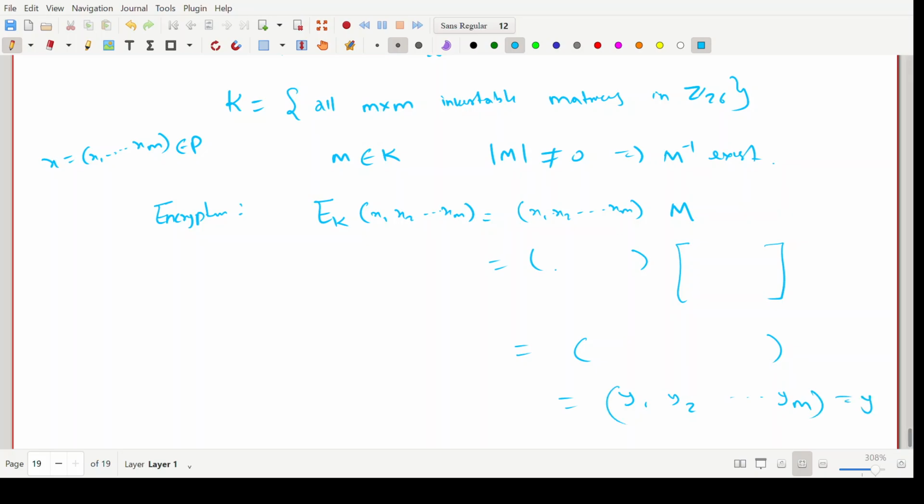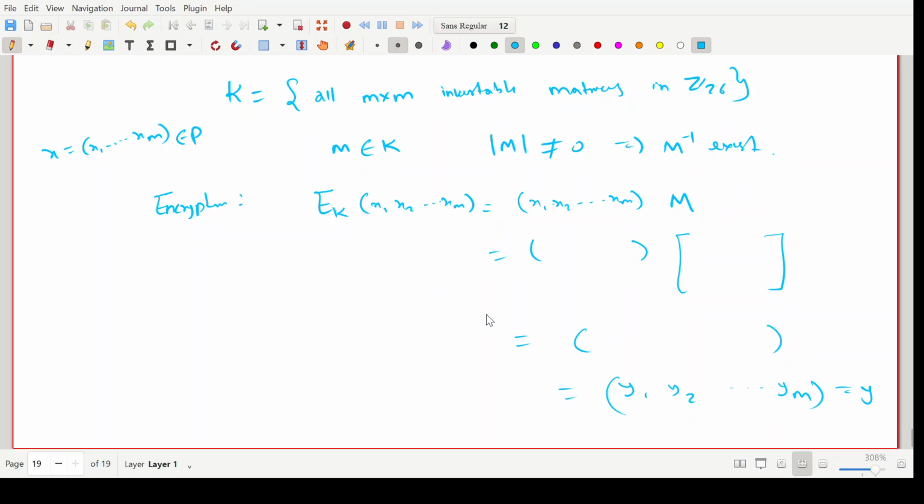So we are just multiplying the plain text with a matrix. This matrix is my key here, correct? If you observe, the key space is very large because it is the set of all m cross m invertible matrices, so you cannot apply brute force to attack on it.